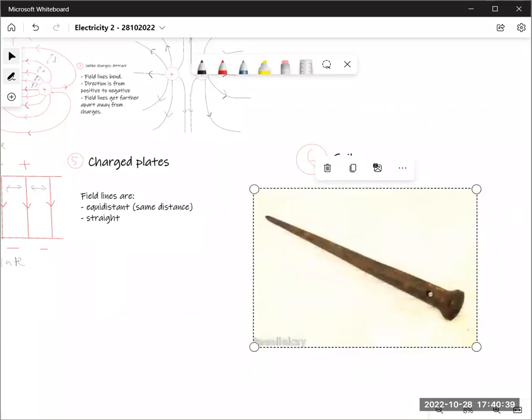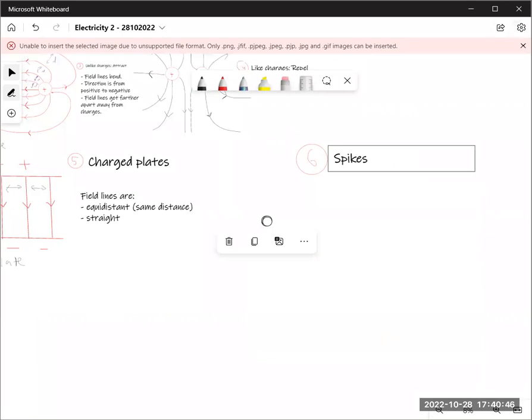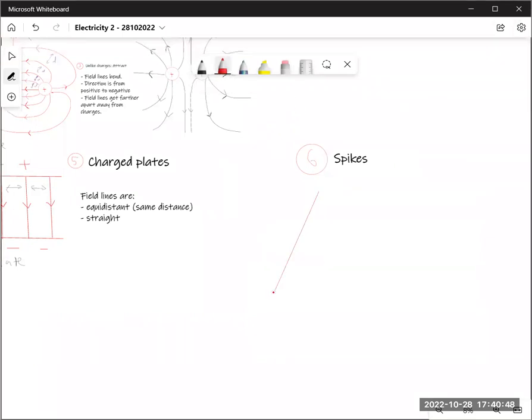Can you see that? It's like a pin. I'll show it to you. This is what a spike means. Fine, that's a spike right there.